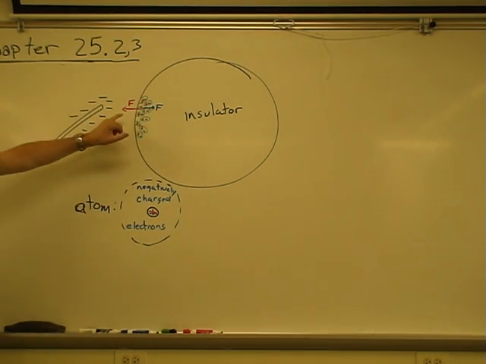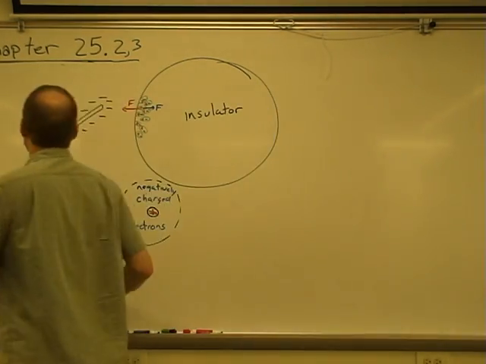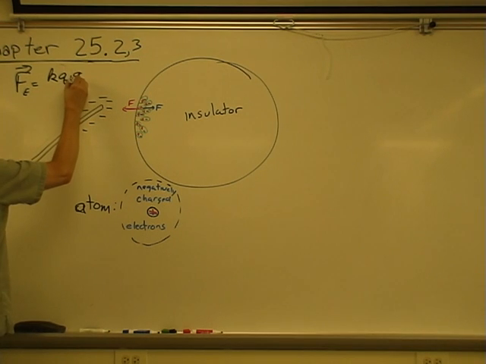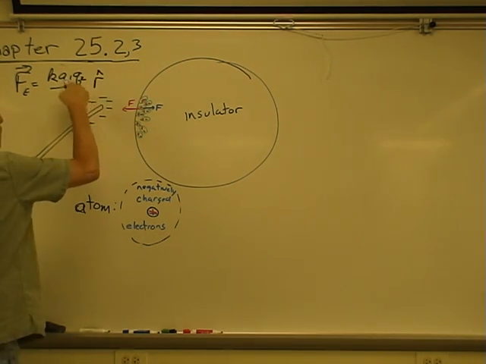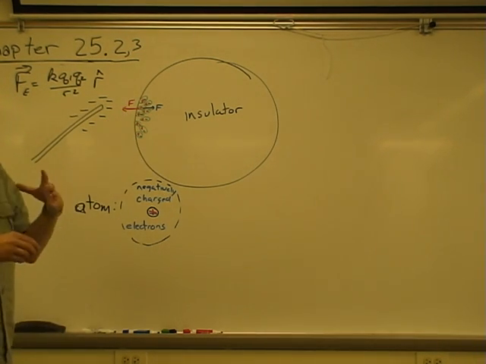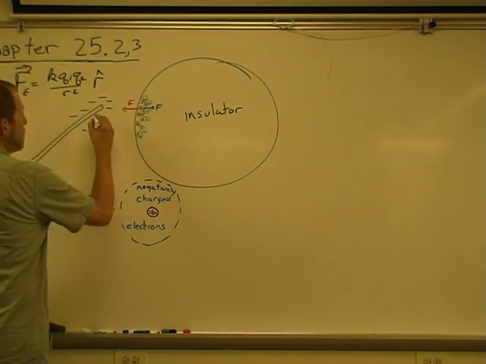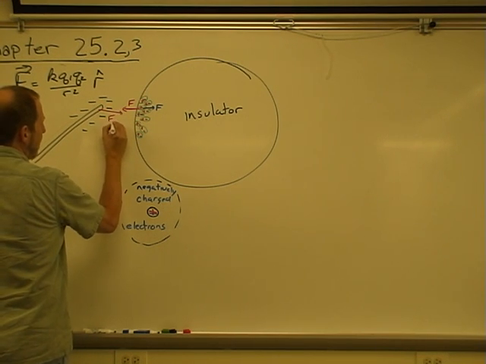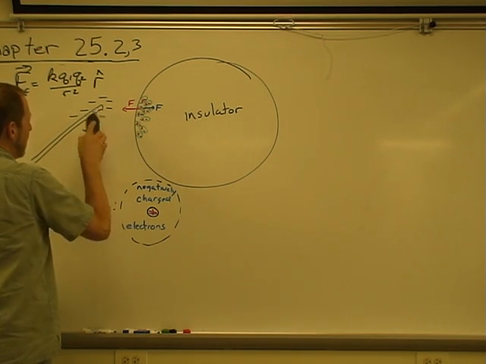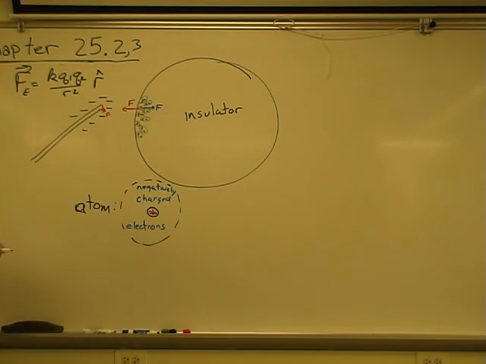Because the protons are a little bit closer than the electrons, and because the electric force depends on the distance between them squared, the attractive force on the closer object is going to be a little bit more than the repulsive force, which means that the negatively charged object is going to feel an attractive force. Actually, it'll be equal to the difference between those two, but it will feel a force pulling them together.